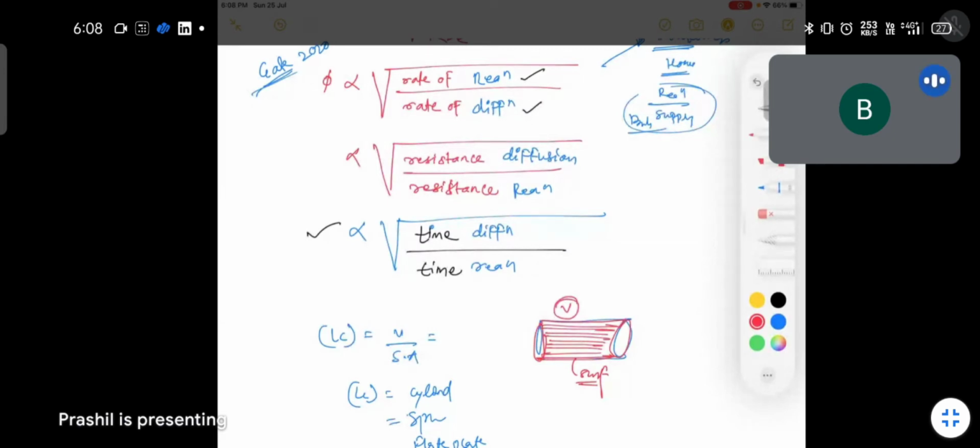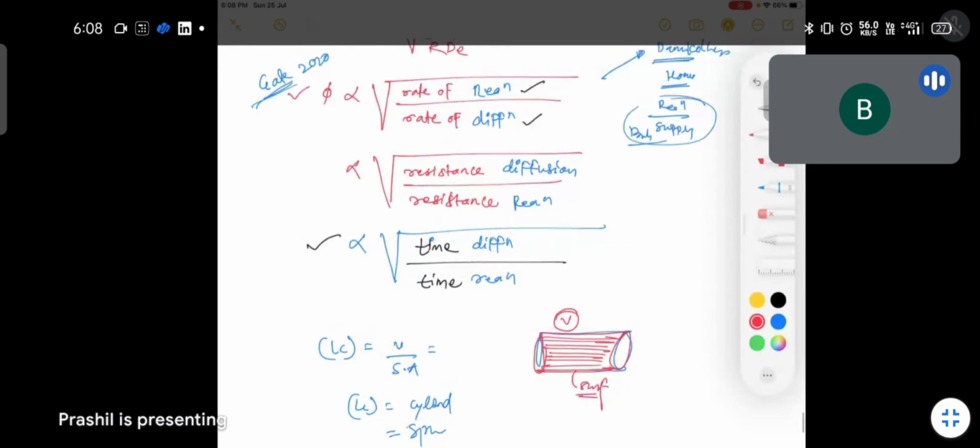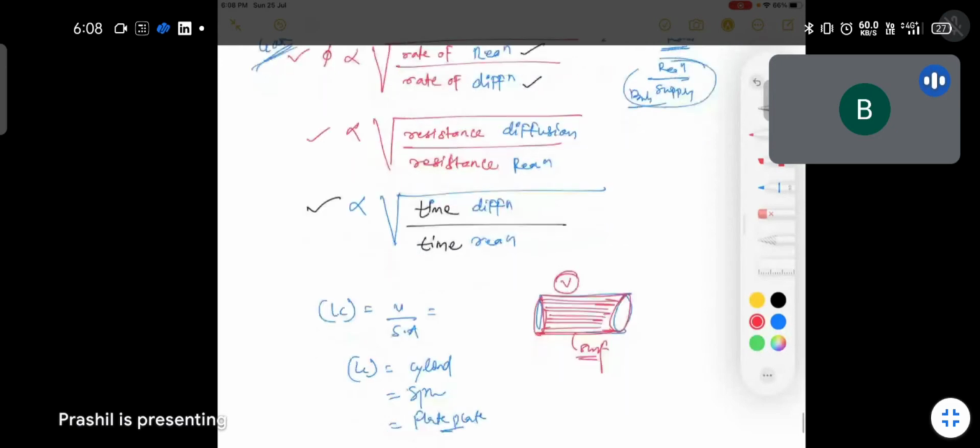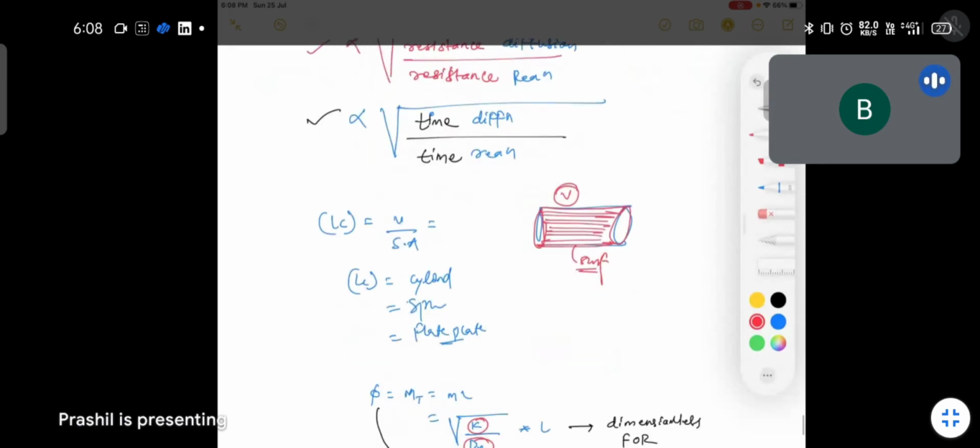So these are three different forms by which I am explaining the Thiele modulus. I explained this in the previous class. I'll upload that video once I can, because I have a recording but am unable to upload it at the moment.